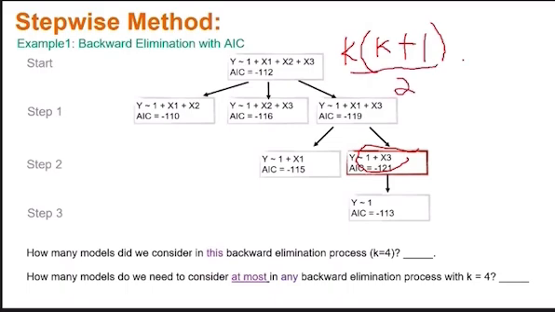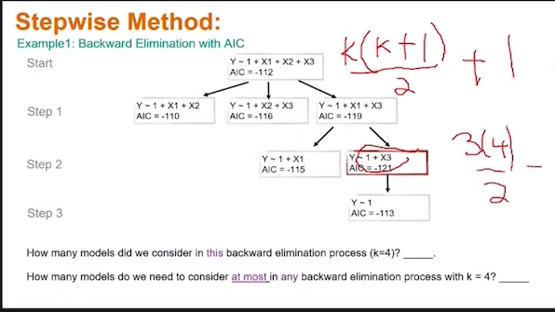plus 1. Did you know that k times k plus 1 divided by 2 is the sum of natural numbers in mathematics? So if you plug in k to be 3, we are dealing with 3 predictors. Put 3 where you have k: 3 times 4, divided by 2, plus 1.